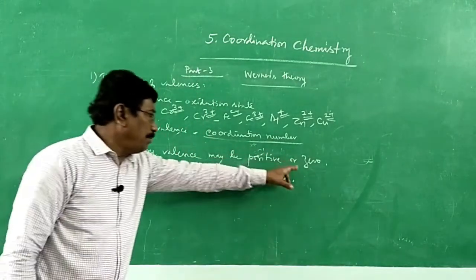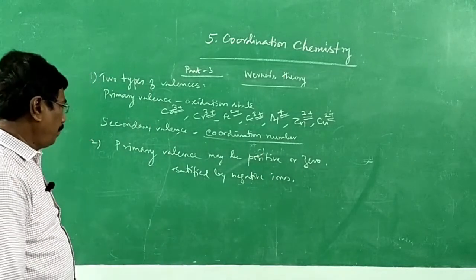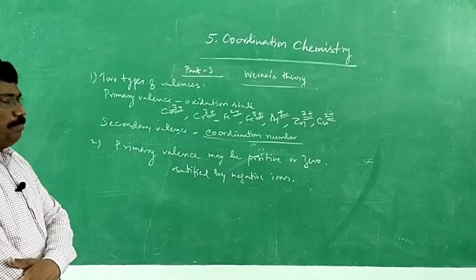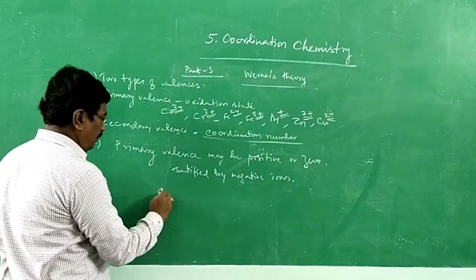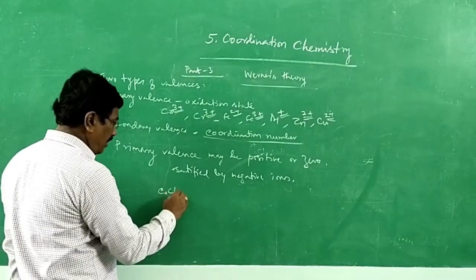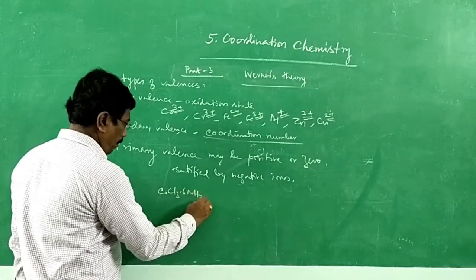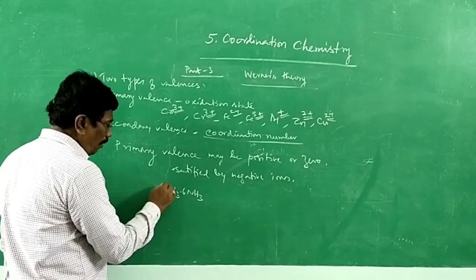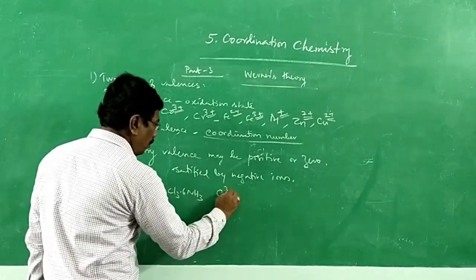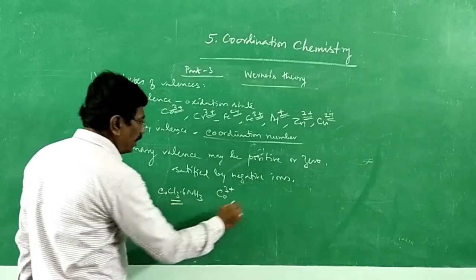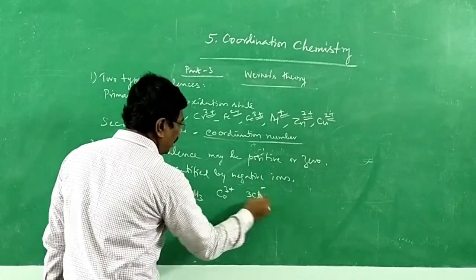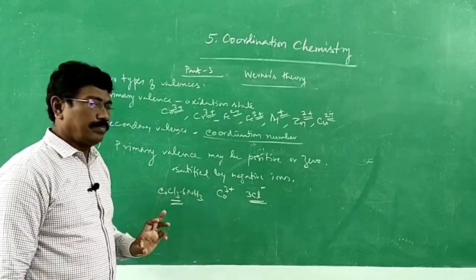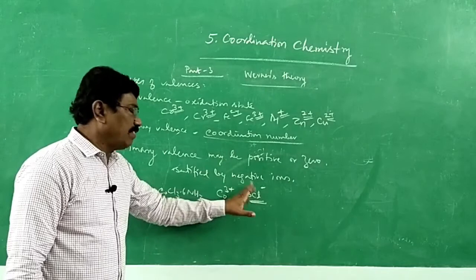If it is 0, it need not be satisfied by negative ions. For example, the same example we gave earlier, CoCl3·6NH3. Here the oxidation state, the primary valency, for cobalt is +3. It is satisfied by 3 chloride ions, negative ions. So primary valency may be positive and it is satisfied by negative ions.